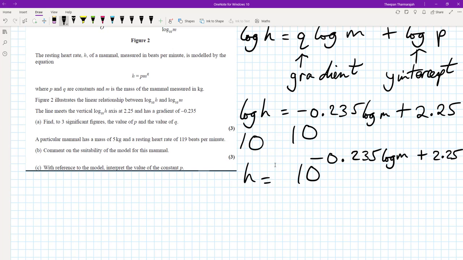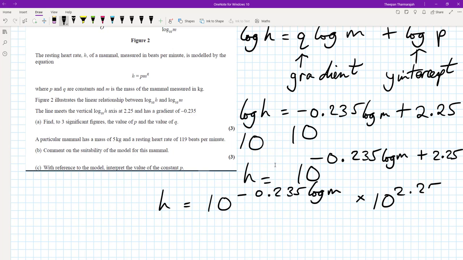So what we can do here is we could write this as 10 to the power of minus 0.235 log m times, because it's the law of indices, 10 raised to the power of 2.25.